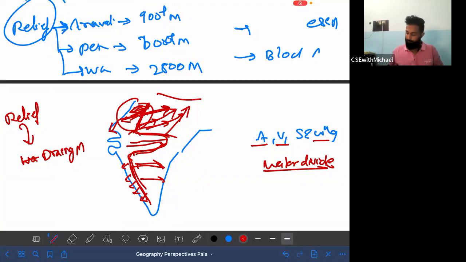Towards the north, now we have to look at this location. Towards the north here, northeast part, this is the Malwa Plateau, the Central Highlands region.